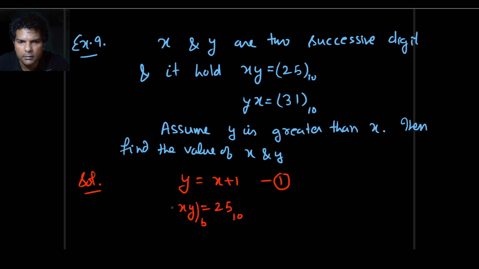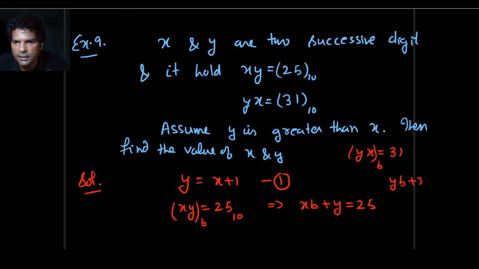So can I write xb plus y is equal to 25? This is equation number 2. Another data is yx is equal to 31, so yb plus x is equal to 31. This is equation number 3.